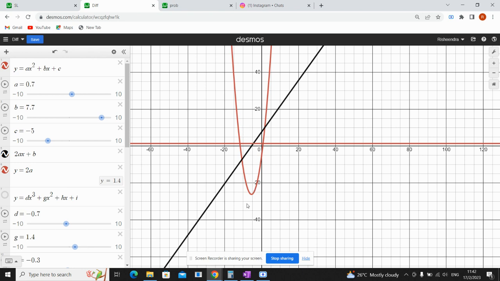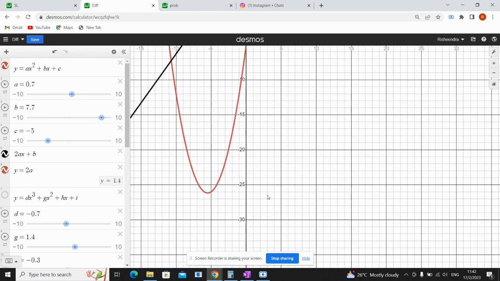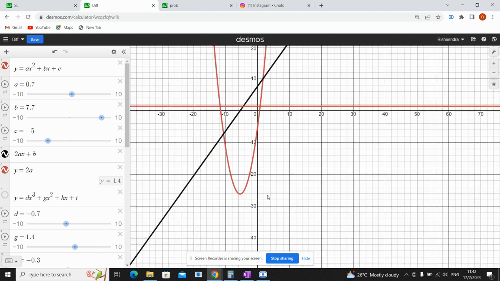The parabola has a minimum value only. The maximum of it is infinity. So by double differentiating, we know whether the parabola has a minimum or a maximum value, and we can find that value just by doing it on paper.